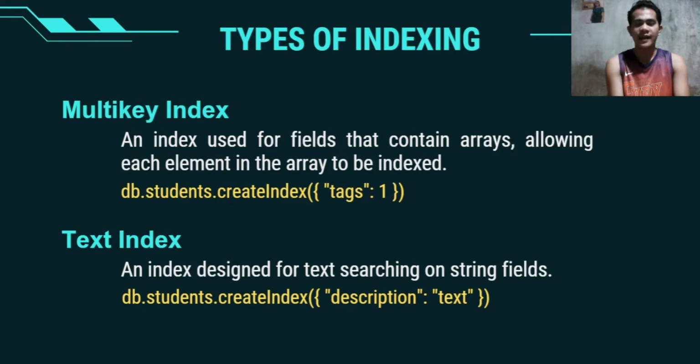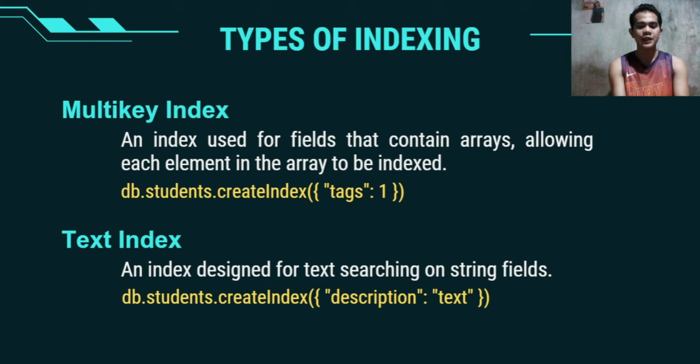Next, the multi-key index, an index used for fields that contain arrays, allowing each element in the array to be indexed. So, the code is db.students.createIndex, which is the tags in ascending order. A multi-key index is an index type in MongoDB especially designed for fields that contain arrays, indexing each element within the array.